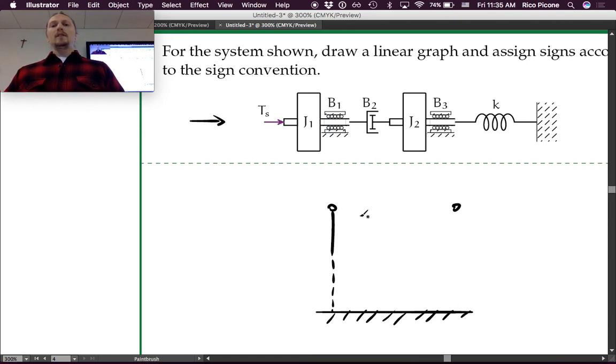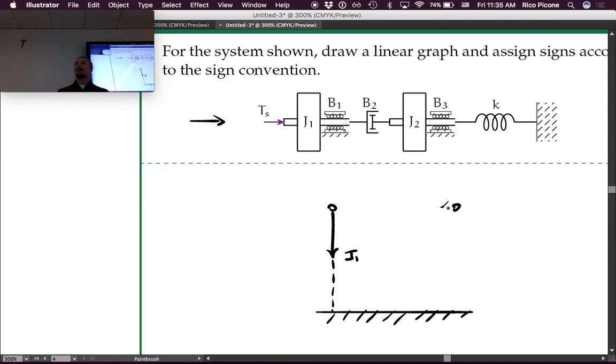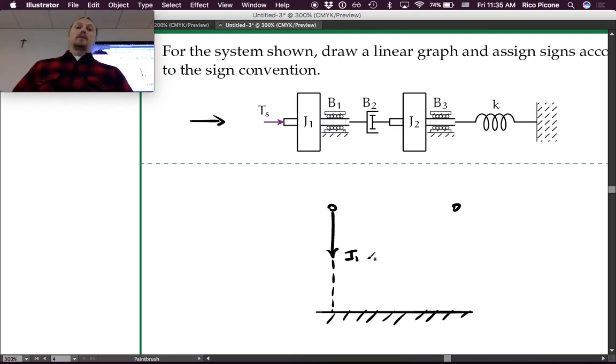And let's see if we can take a step and start drawing our arrows as we construct it. J1 is going to go towards ground because every inertia element is oriented towards ground, right? That's our convention. And J2 is going to be the same.